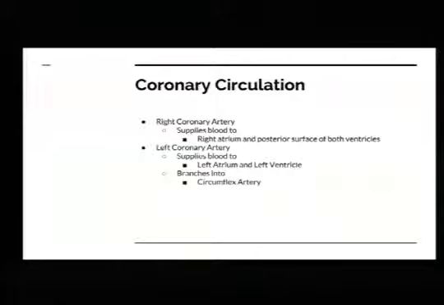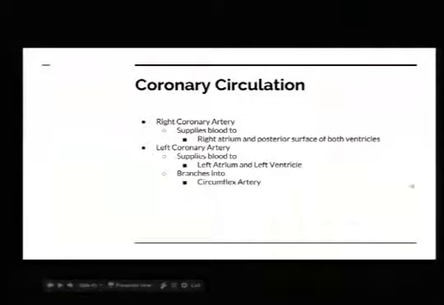So your right coronary supplies blood to your right atrium and posterior surfaces of both ventricles, in most people. Again, some people can have a right coronary dominant, left coronary dominant circulation. And your left supplies both left atrium and left ventricle, but again, less of the posterior surface, and it branches into the circumflex. So your circumflex, right and left, are going to be the ones that will cause your biggest changes besides your left main on your EKGs.